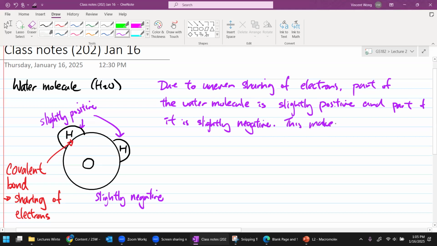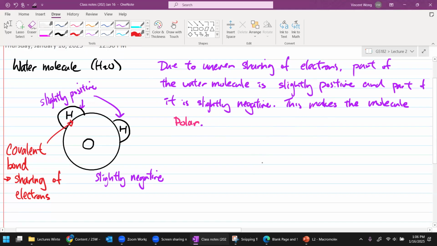This makes the molecule polar. Overall, the molecule is still neutral.